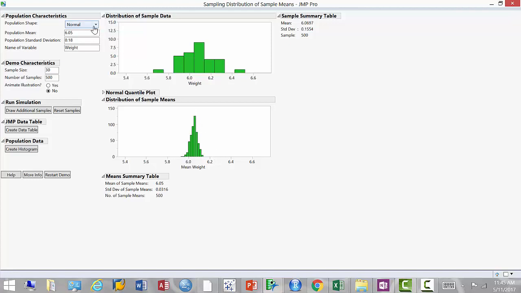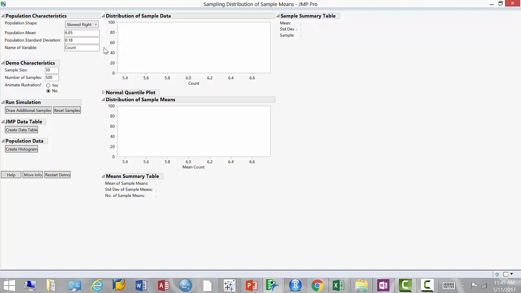But that's a normal population. Let's go ahead and switch to the skewed population, skewed to the right, okay? So that means the shape of my population distribution is going to have a bulk of the data right up front and then a long tail extending to the right. And probably as I draw more and more samples, let's animate this time around, okay?